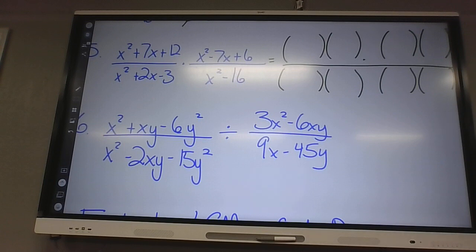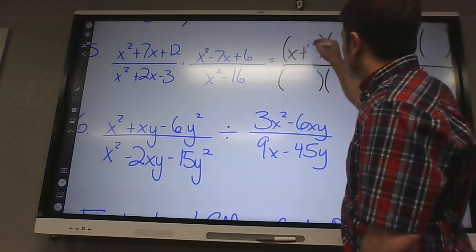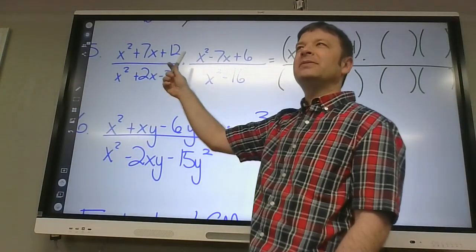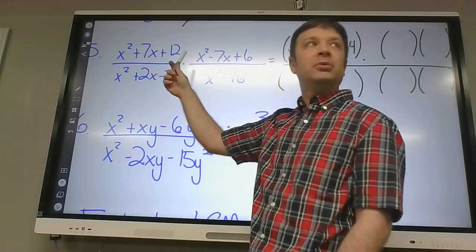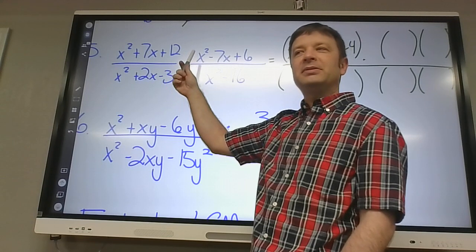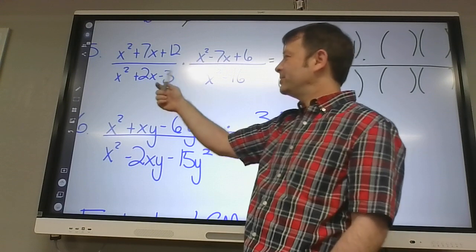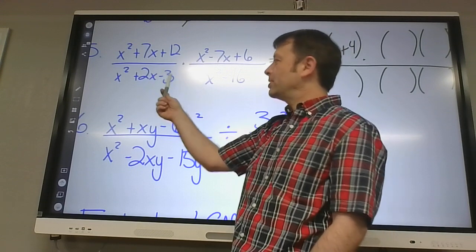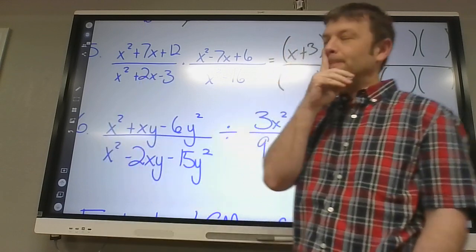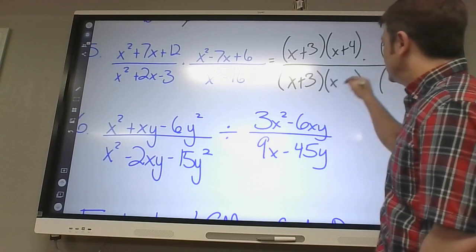All right, what goes into 12 that adds up to 7? 3 and 4. What goes into negative? Uh-oh. That might make us very warm. This might get toasty. All right, what multiplies into negative 3 that adds up to 2? 3 and negative 1.